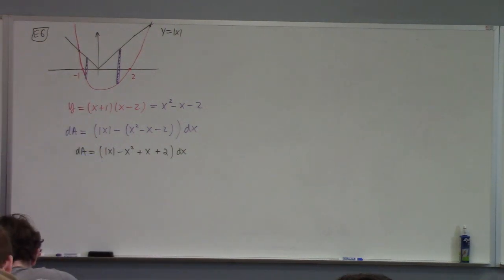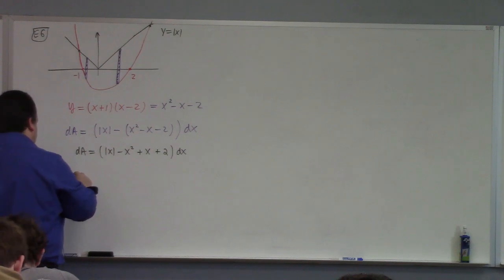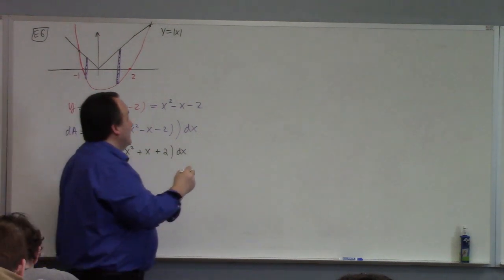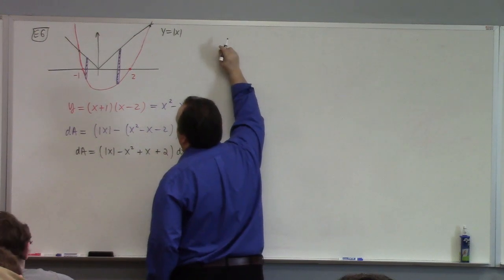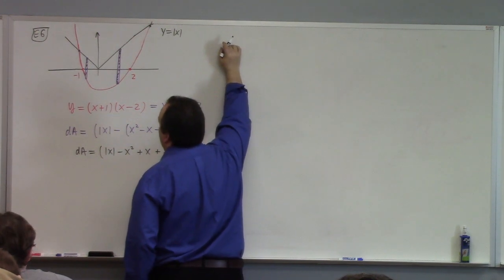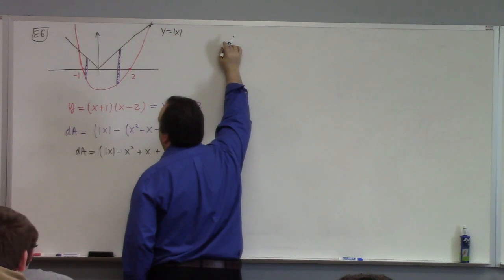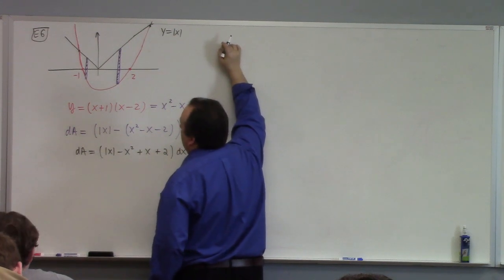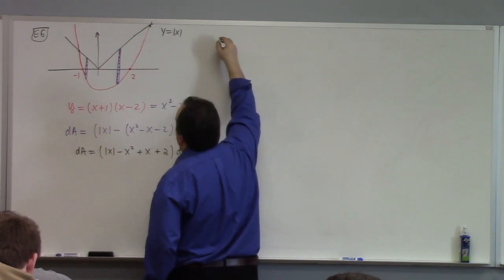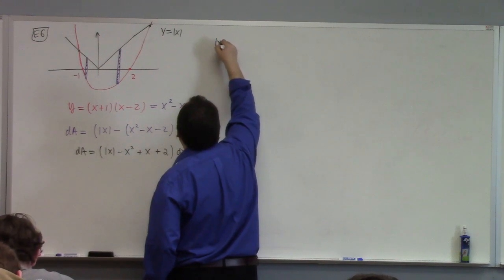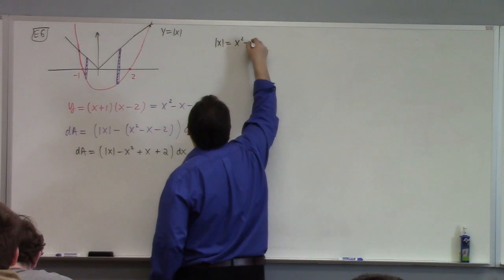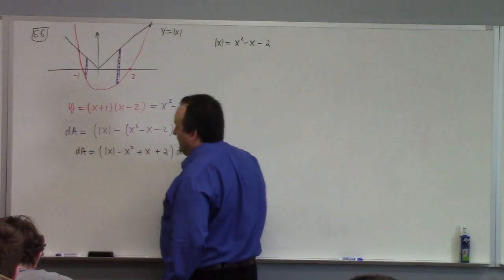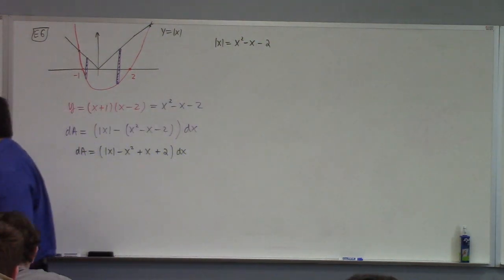What are they? 1? Negative 1, 1. Oh, that's not vertical. That's just a bad drawing. We got to solve the absolute value of x equal to x squared minus x minus 2 to find the points of intersection, right?